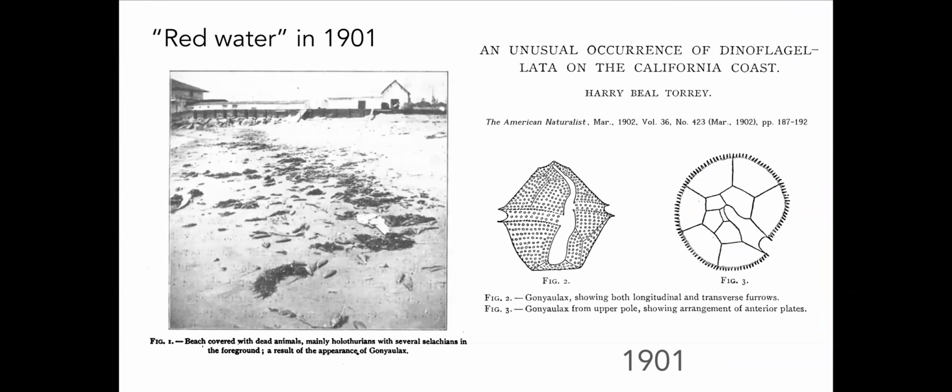So this has kind of been known forever. This predates UCLA and UCSD and almost predates the UC system. This is a paper from 1901 or 1902 on Lingulodinium. They used to call it Gonyaulax, but it's the same organism that caused a fish kill in Long Beach.